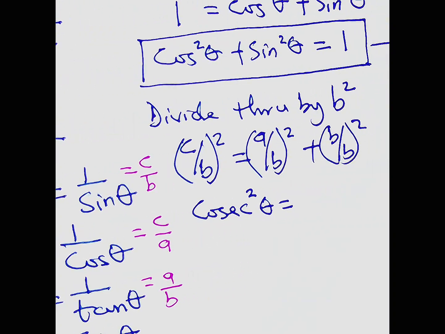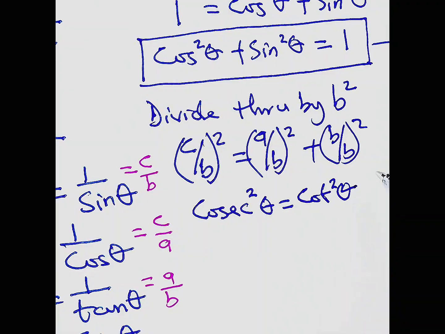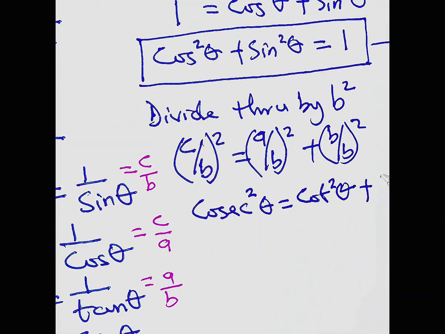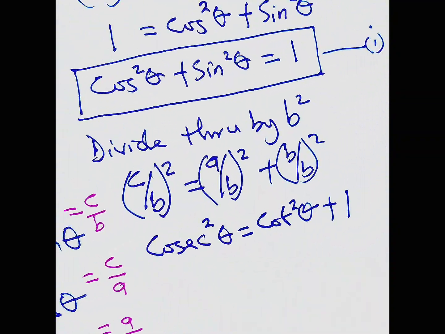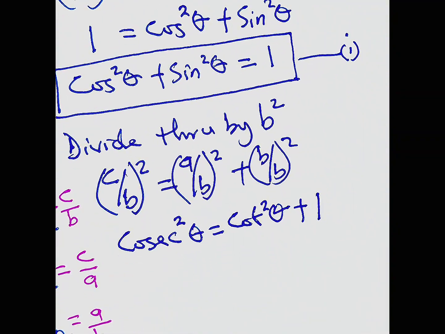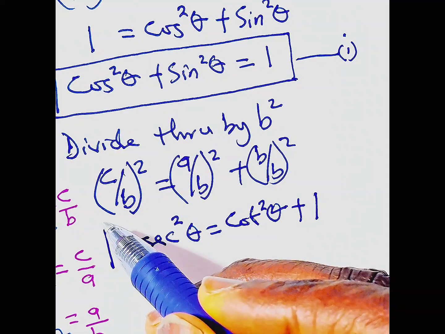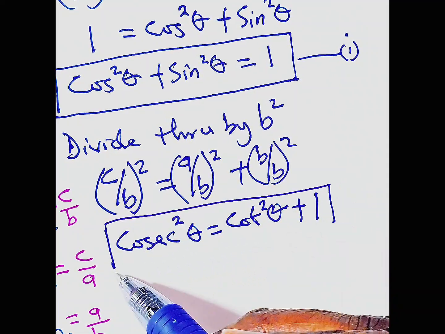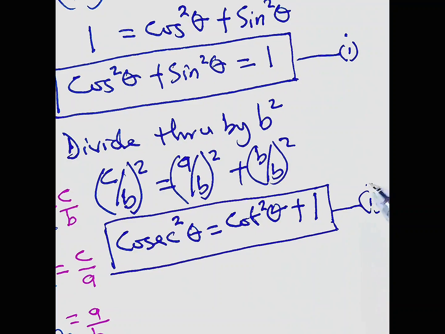So cot square theta plus 1. And this one also is one of the identities, so I'll call this one 2.